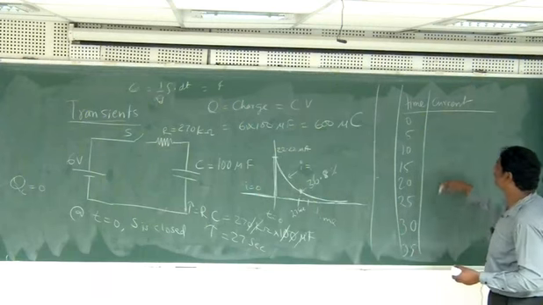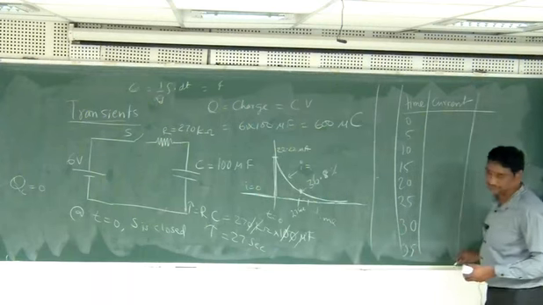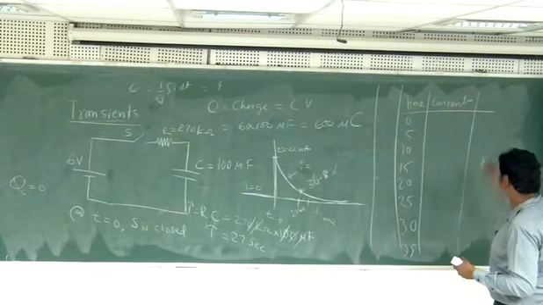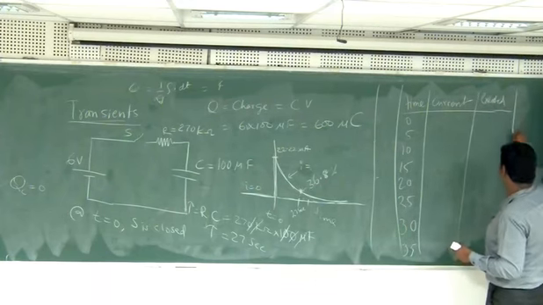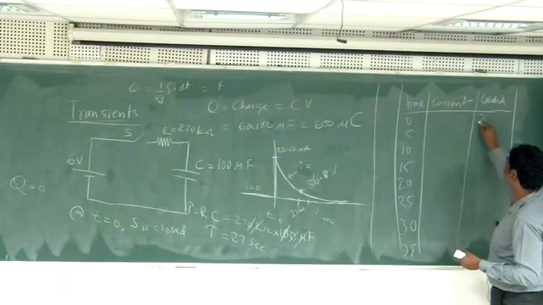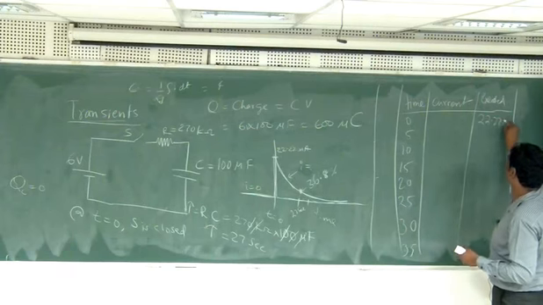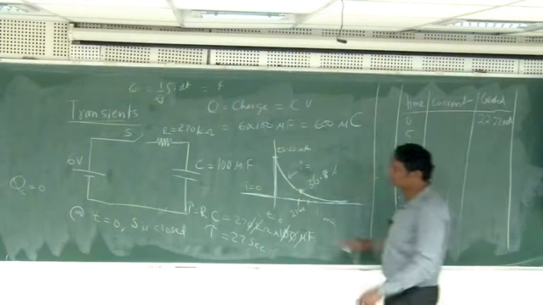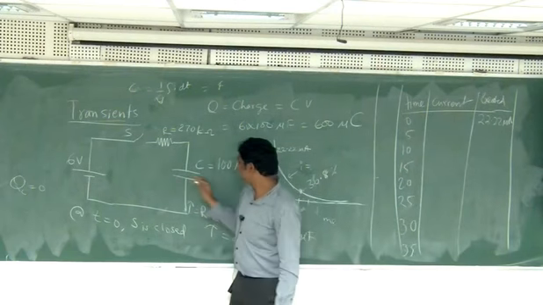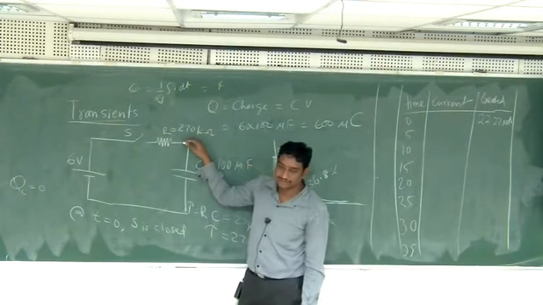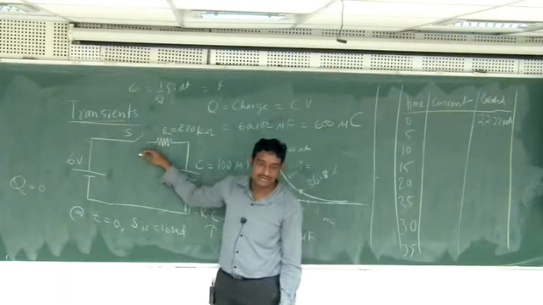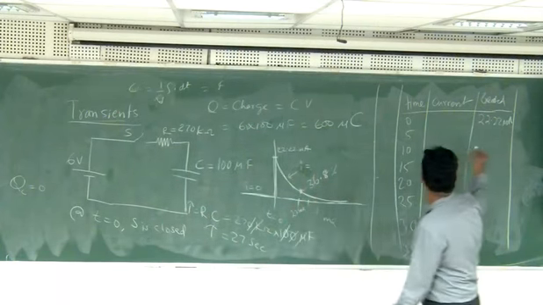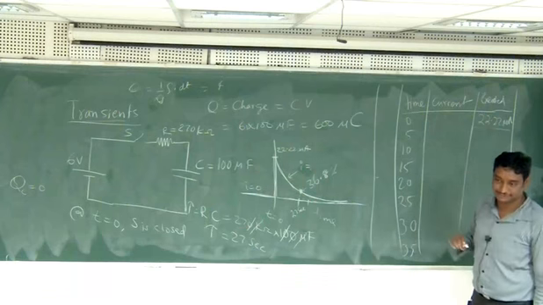Every 5 seconds I want to see how much current is flowing. So what is the expected current? This is 22.22 microamperes. If I connect the circuit like this, 6 volts, 100 microfarad, 270 kilo ohms, and close the switch, immediately look at the current, expecting 22.22 microamperes.